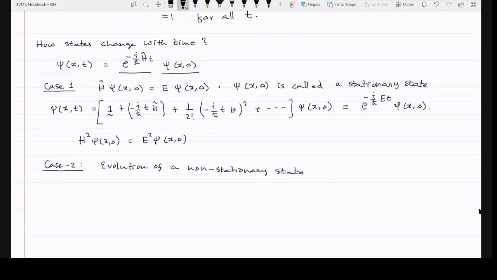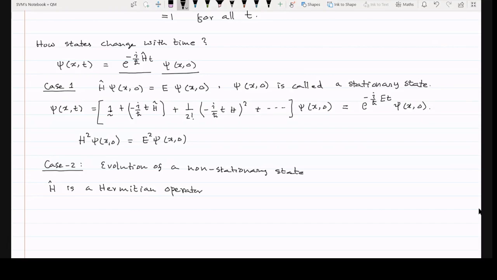But we know that H, the Hamiltonian, is a Hermitian operator. And it has certain eigenstates, and all those eigenstates of H will form a basis for the vector space, the state space.